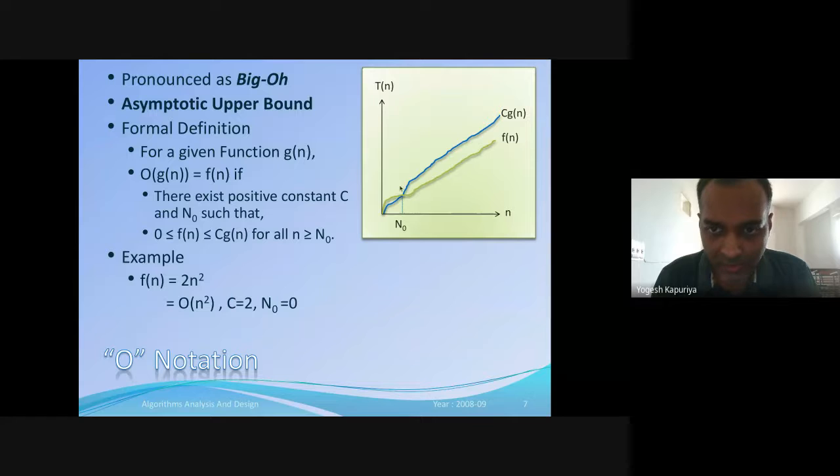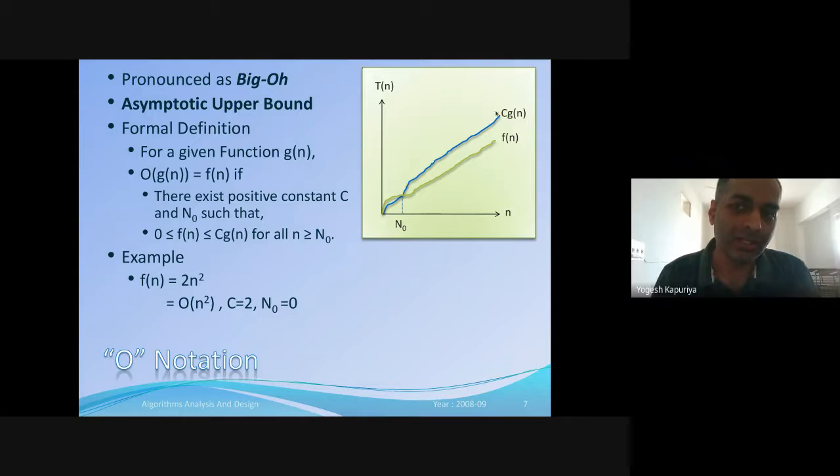Obviously, you will have some point after which this is always true. Before that point, there may be variations. There may be Fn is less than Cgn, Fn is greater than Cgn. It can be anything. But after this point, you are assured that your Cgn, that is this function, is always going to be greater than this.